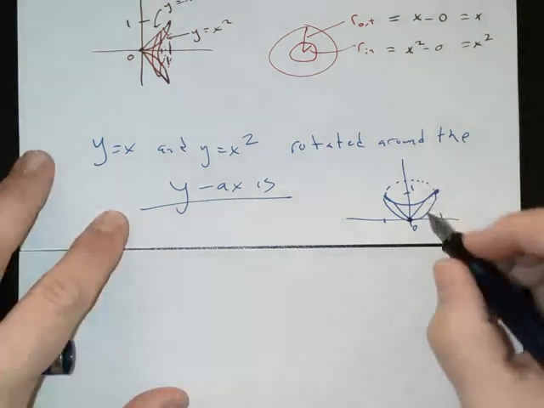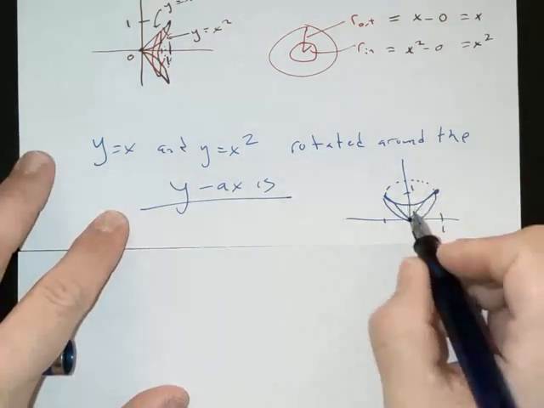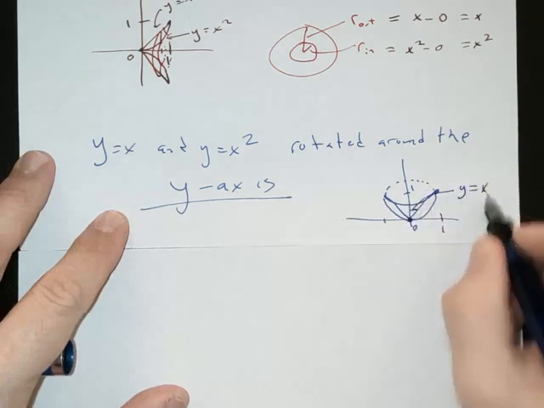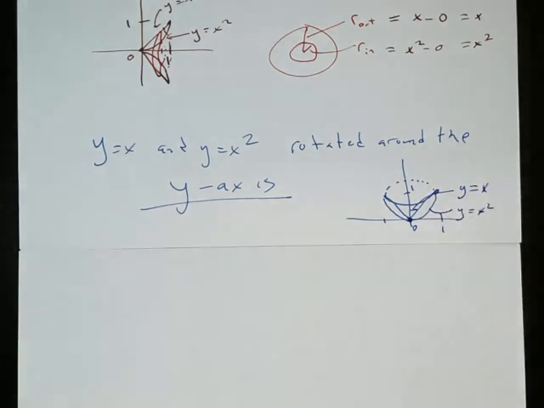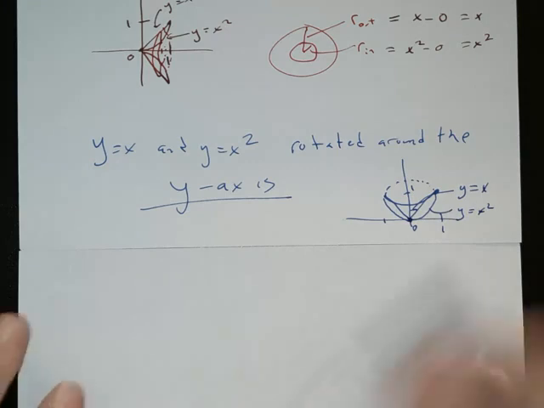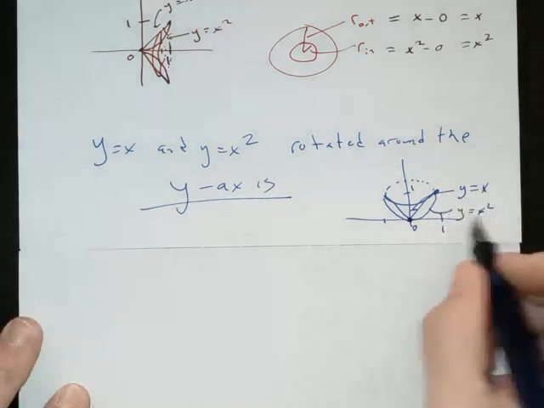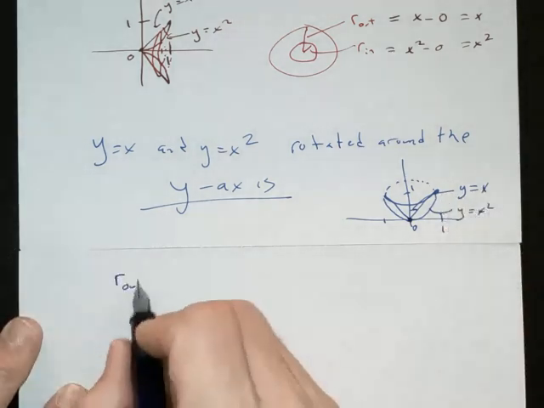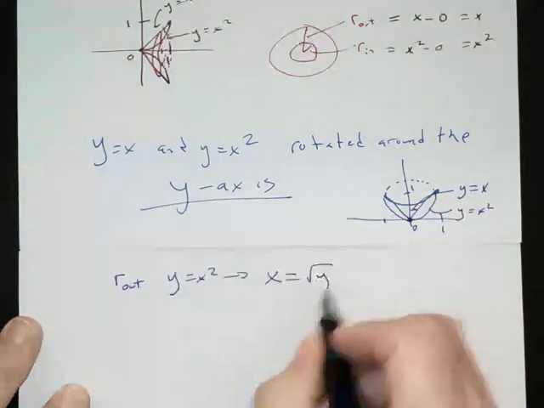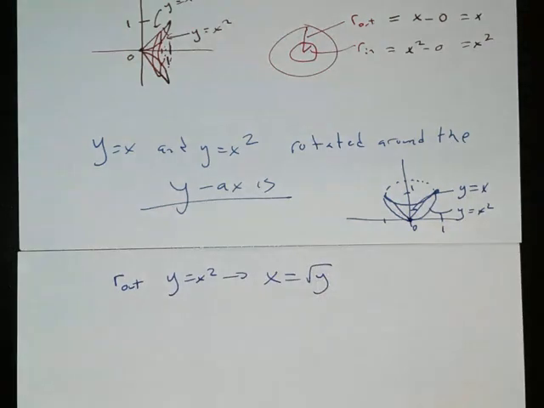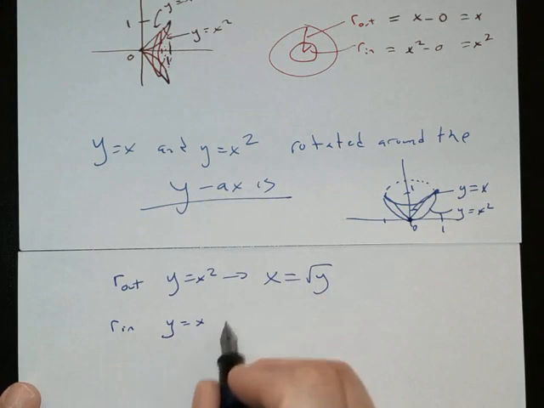The inside equation and the outside equation now need to be written in terms of y. So the outside equation, y equals x squared, becomes x equals root y. And the inside equation becomes x equals y.